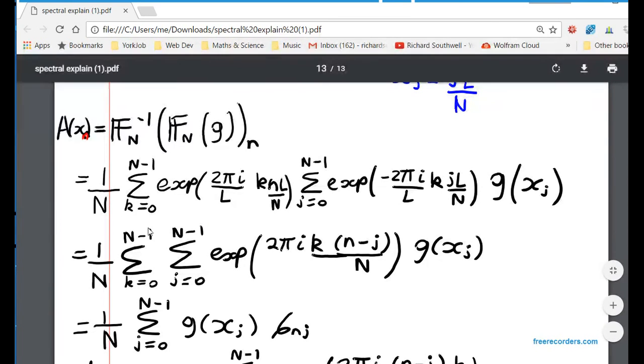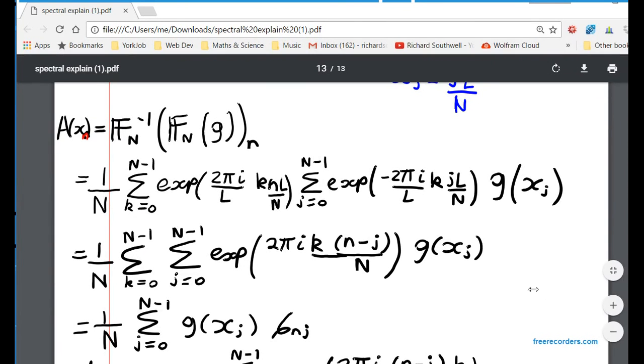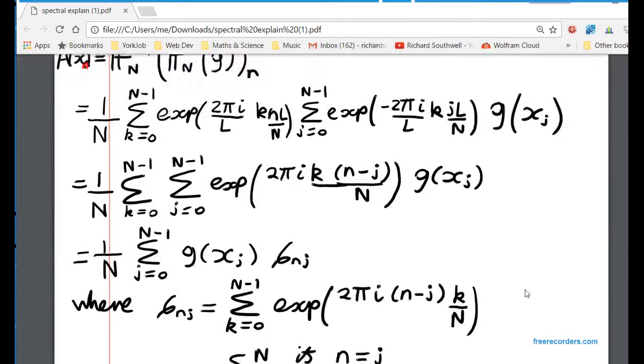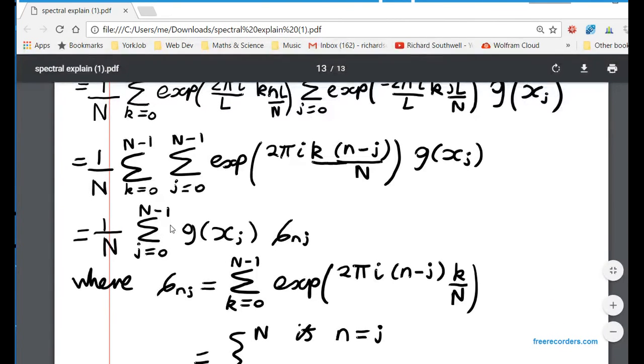Let's just suck up the sum over k into some function, some entry which we'll call zeta nj. So basically all we're doing is substituting here, and we'll define zeta nj as this sum of exponentials.